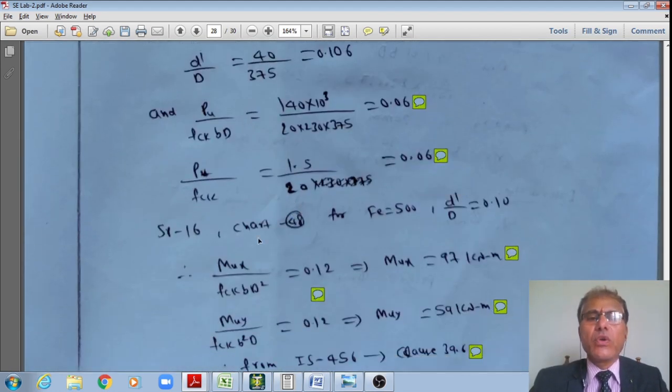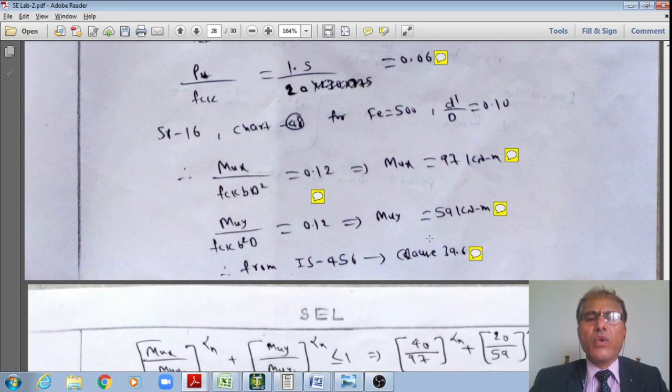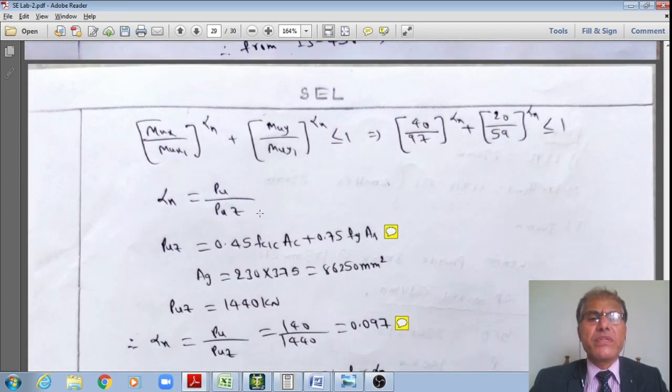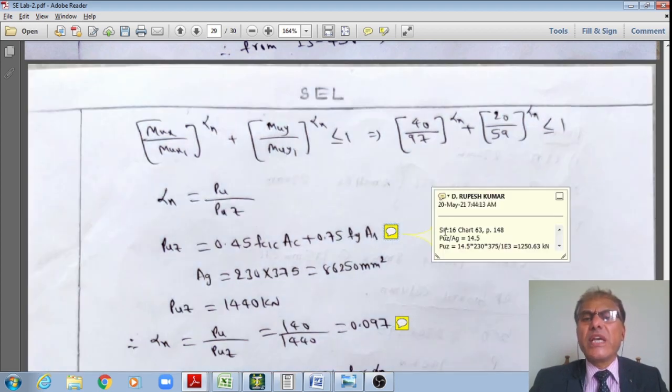Once it is okay, I'll now check the combined check also. Therefore, what I need to calculate is PUZ. I'll go to SP16 chart 63 from page number 148. From that I can calculate PUZ by AG.